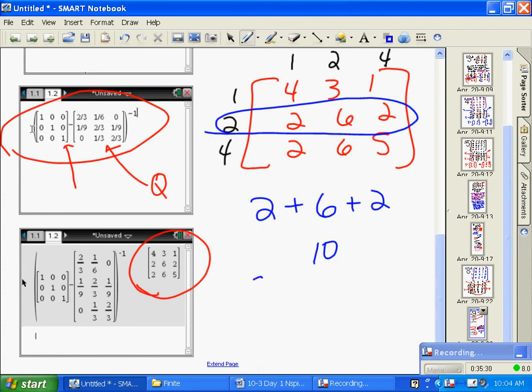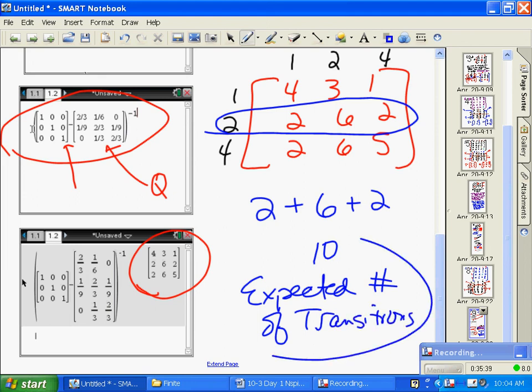So the expected number of transitions is 10. Okay? So it stayed twice in room 1, 6 times in room 2, and 2 times in room 4. And I think that is it.